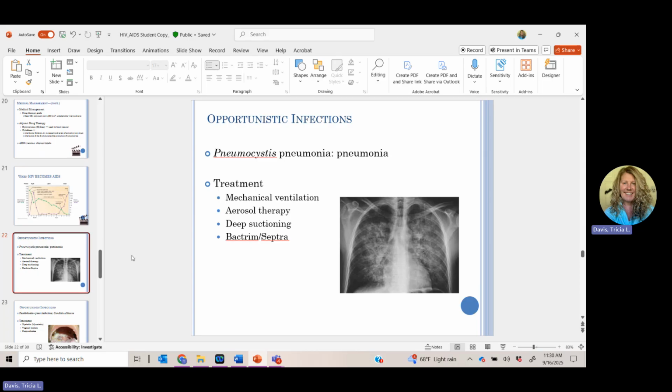So it could just be mild and it may just respond to some antibiotics. We might give them some Bactrim. Of course, maybe some suctioning, because with any type of pneumonia, we're thinking a lot of secretions. Maybe some of those bronchodilators, things like that. And then if it's severe enough, they might need to get a higher level of care in an ICU and be on a mechanical ventilator that breathes for them.